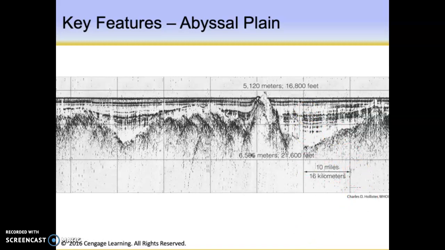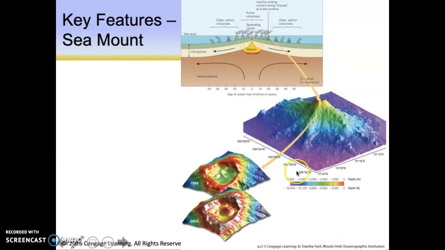This abyssal plain is often marked by features that we call seamounts. And seamounts are simply very active places from the mid-ocean ridge that were active enough to build a large volcano. And very often these large volcanoes will be colonized by living organisms, so they will build up around here and create a reef. Modern coral reefs are an example of this kind of activity.